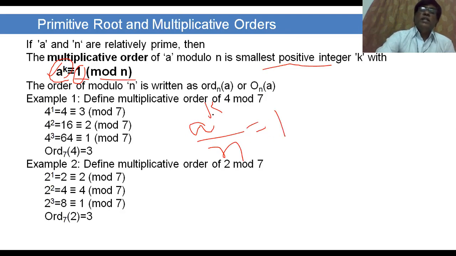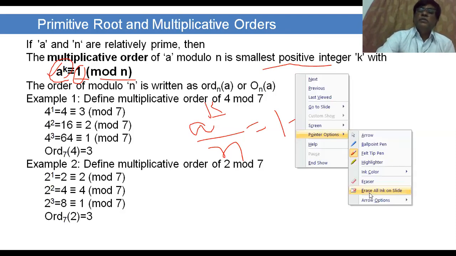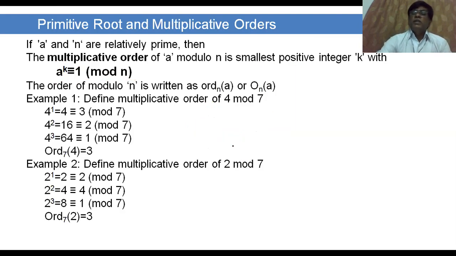Generally, for different k values you will get 1, but the order of a is only the smallest k value which gives the congruence 1. That is the order of a, the smallest k which gives a power k congruent to 1 modulo n.